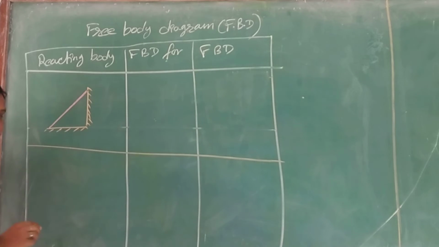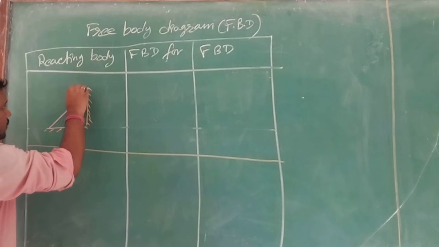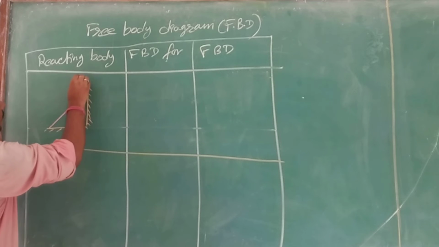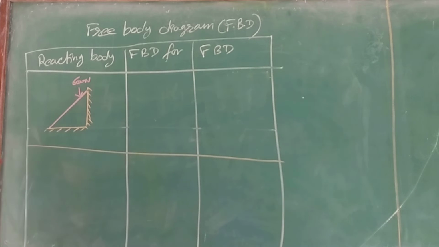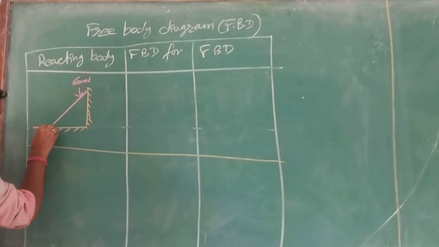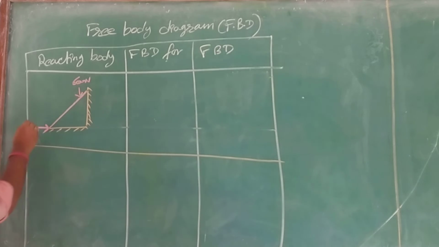This is my ladder. Now, a force or weight of 600 Newton is acting on the ladder, and a force P is also acting on the ladder. See, what are the forces acting?